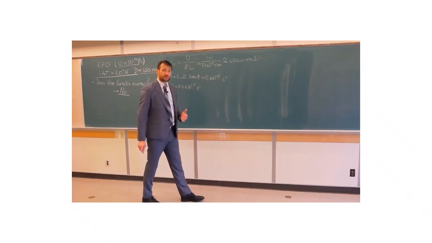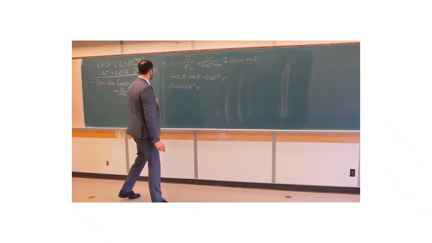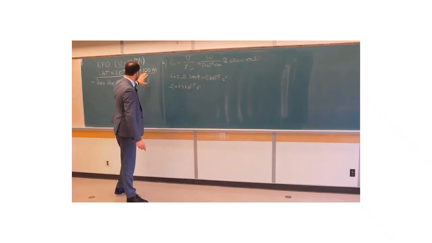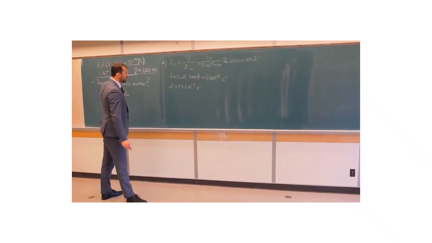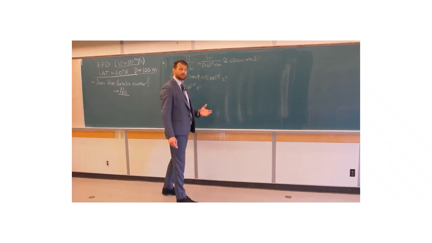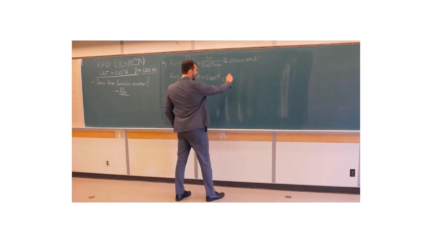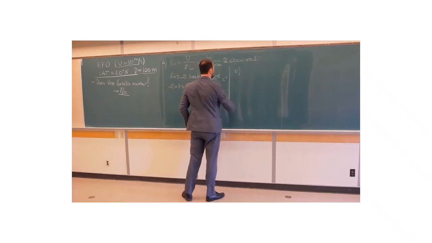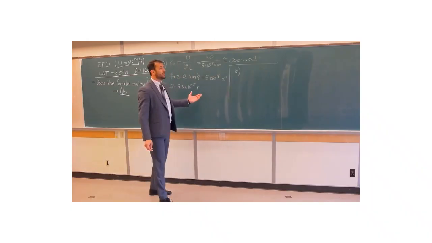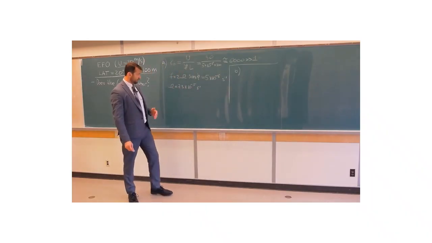Now part B, that was part A. Part B of this problem asks what would have to be the velocity in this tornado so that the Coriolis force matters. Well, we can solve part B here. We just go back to the definition of the Rossby number.